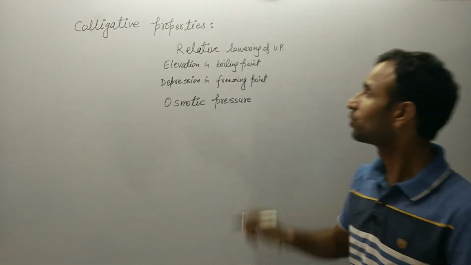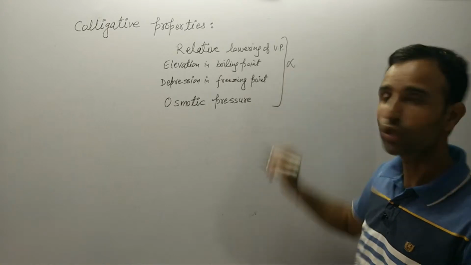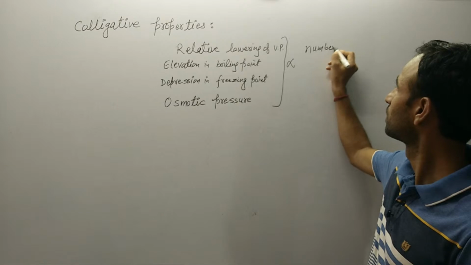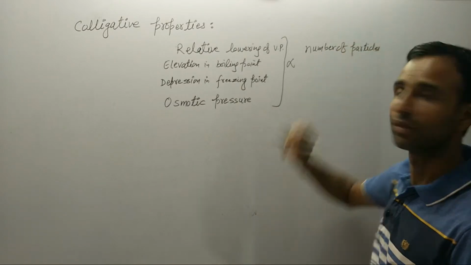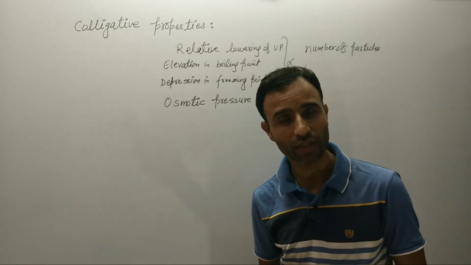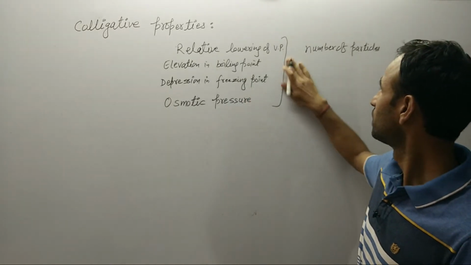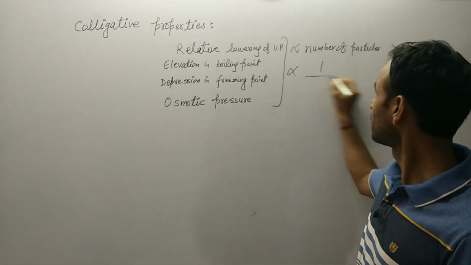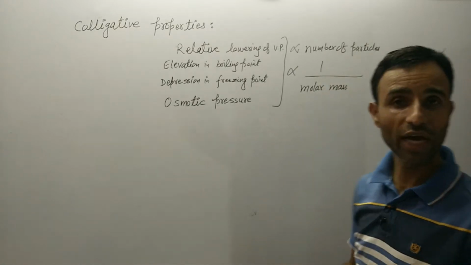Right? So these properties are proportional to number of particles. They are independent of the nature of the particles. They depend upon the number. And they are inversely proportional to molar mass, that we have done.